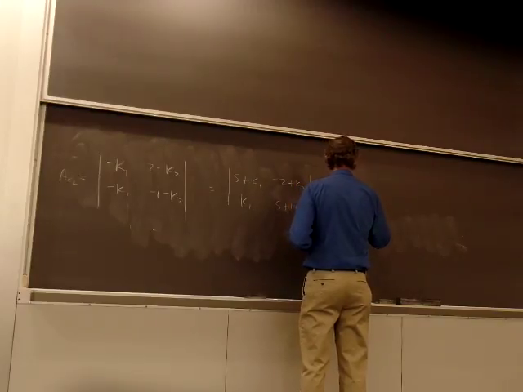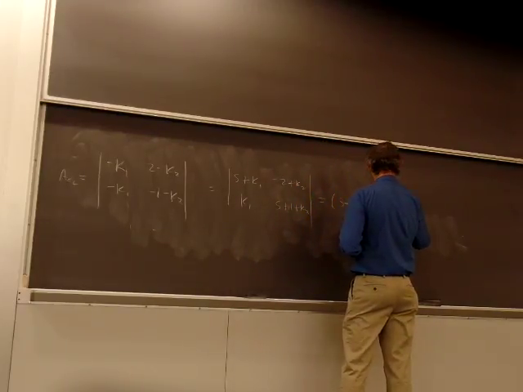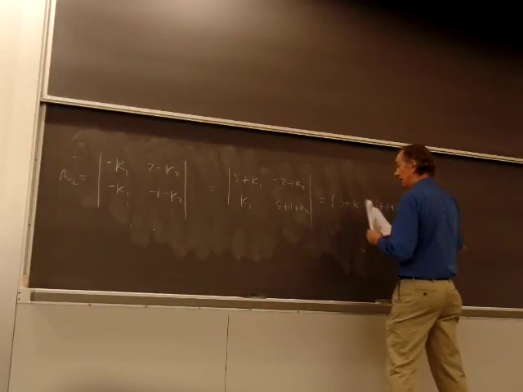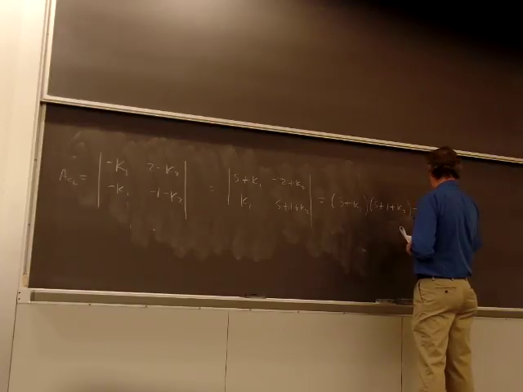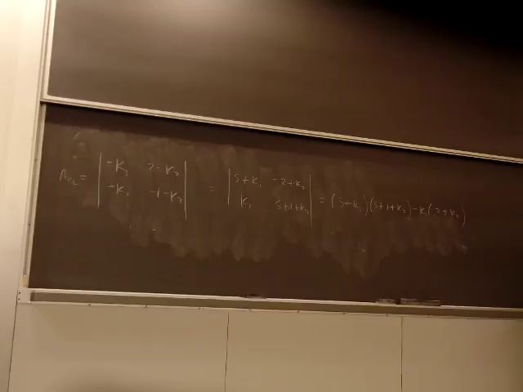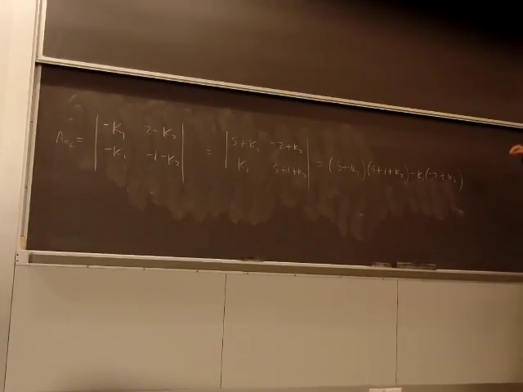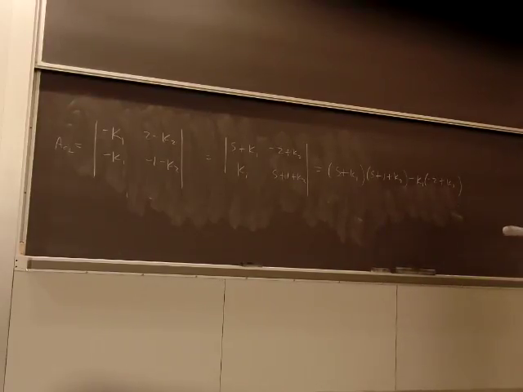S times S plus 1 plus K2, minus the product of the off-diagonal terms, K1 times minus 1. I've got the minus sign there. Determinant, right? Backwards is negative. Now, multiply this out.